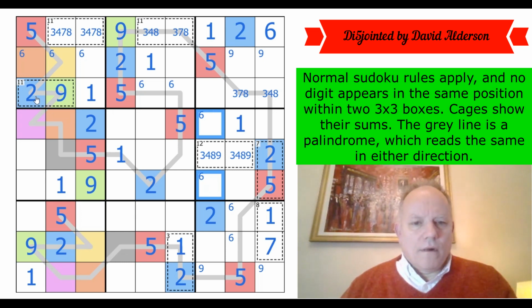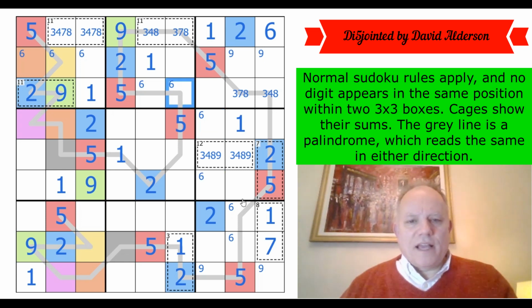Now, does that tell us anything else? Not really. If it was there, it would be here. No, that's absolutely incorrect. The inner cells of the palindrome are those two. So let's look at those together.